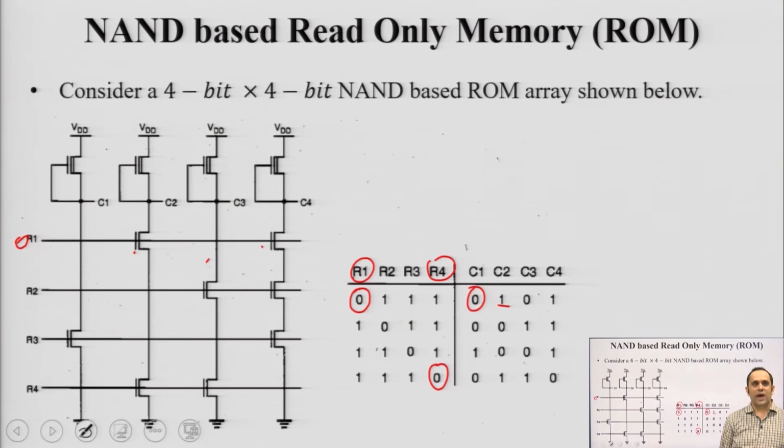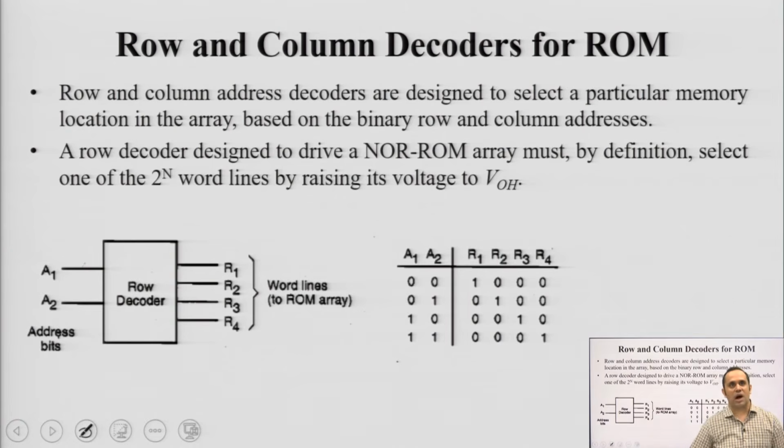To access a row in a NOR version, you have to apply logic 1 to that row. In a NAND based circuit, to access a particular row, you have to apply logic 0 to that row. In both versions, you can only access one row at a time. So, these are two options which are available to us to implement a read only memory, using a NOR version and a NAND version.